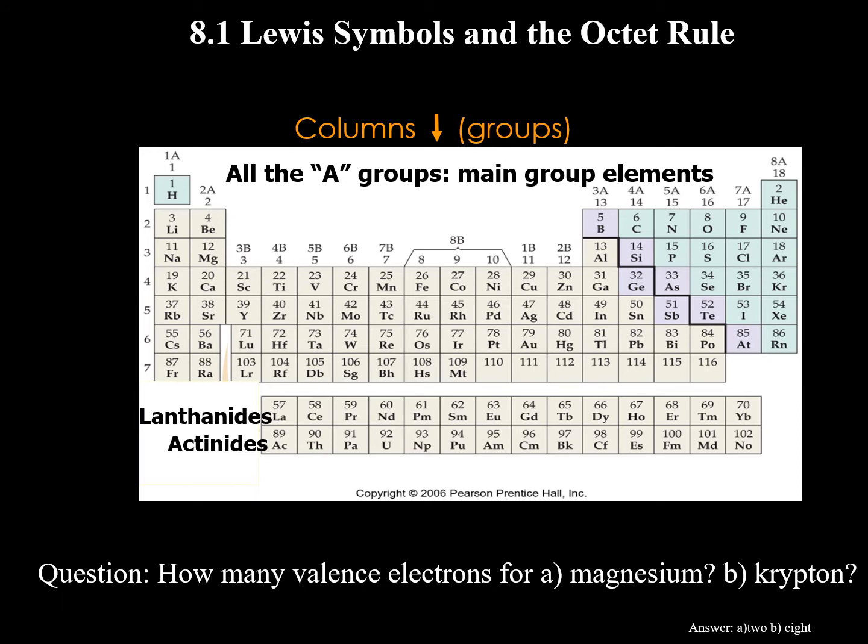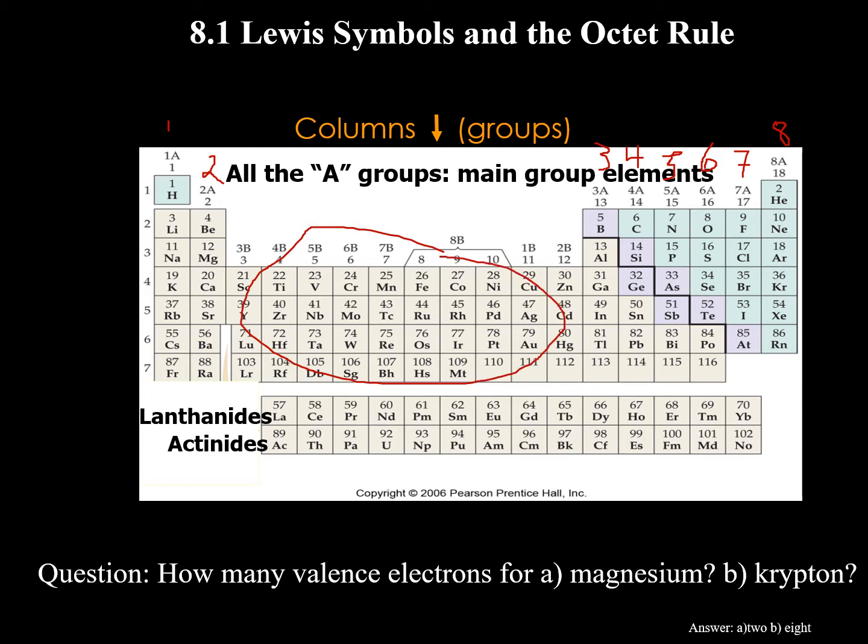As I just said, we look down the group. The trend here is 1 valence electron, 2 valence electrons, 3, 4, 5, 6, 7, and 8. And there's no trend here in terms of valence electrons for the transition metals.